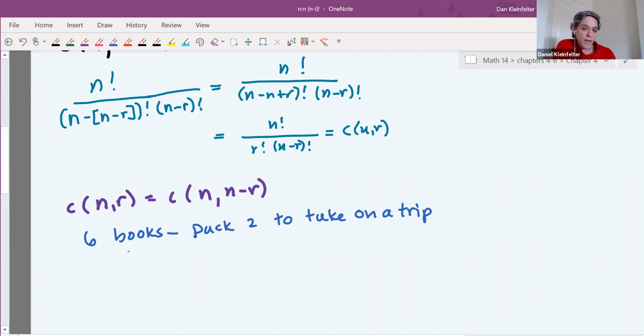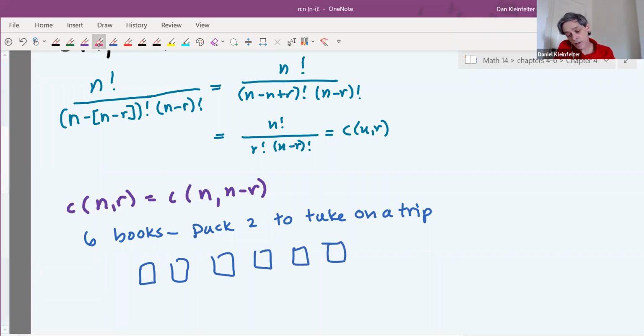So if you think about it, if you have 6 total books, and you're going to pick 2 to take on a trip, let's say this one and this one, then when you're making that choice of 2, you're actually also choosing the 4 that will not go on the trip, right?